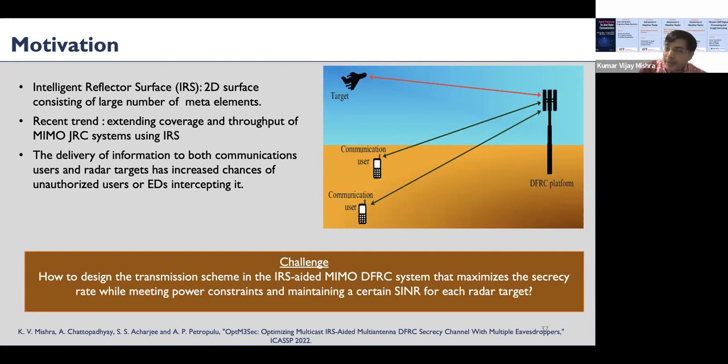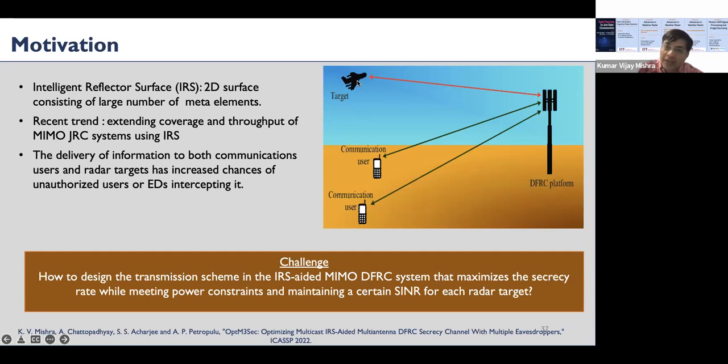In DFRC, people have been looking into a version of this problem where the eavesdropper is at the target location. Now, this presents a very interesting and contradictory scenario. In order to detect the target, I must transmit this common waveform, which has communications information, at a power high enough so that the backscatter is strong enough to detect the target.